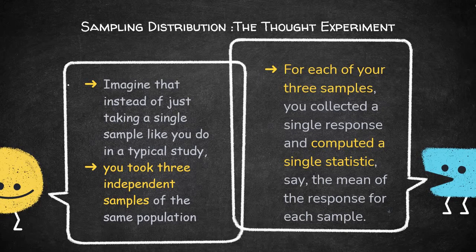In order to understand sampling distribution, let's conduct a thought experiment. A thought experiment, quite interesting, right? You are not going to do it in the real world, but in the world of your thoughts. Imagine that instead of taking just a single sample, you took 3 independent samples.